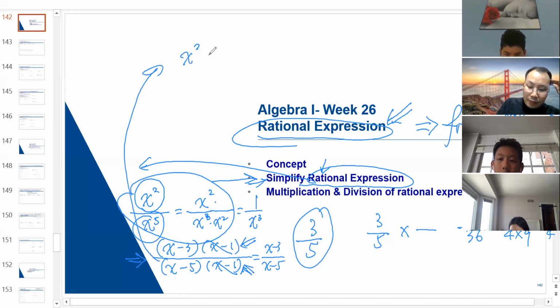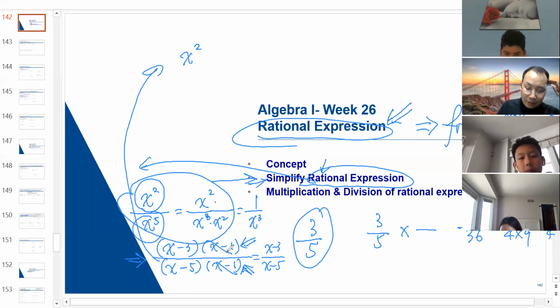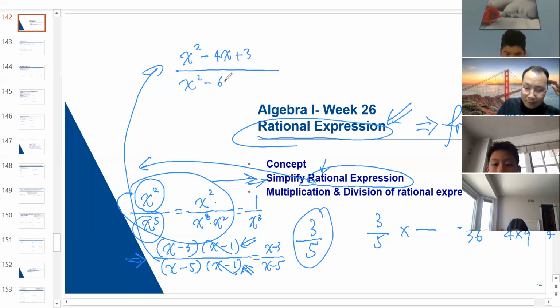And we go even a little bit further, like this one. Sometimes they aren't factored; they are in polynomial format, right? With a rational expression like this, the first step is you need to factor them.